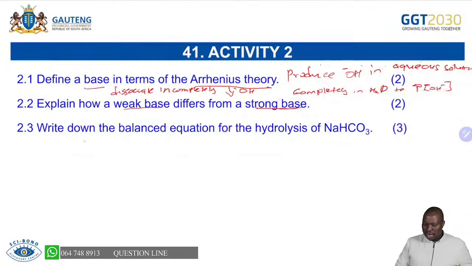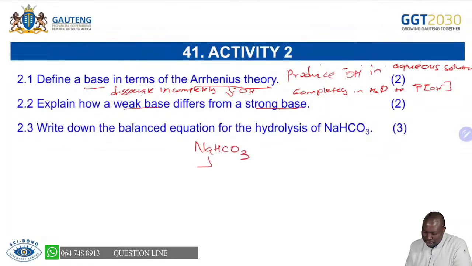And then we are saying write down the balanced equation for the hydrolysis of sodium hydrogen carbonate, NaHCO3. Remember the steps for hydrolysis, with 3 marks. So please collect these marks as much as possible. Remember the steps. You put it in water, you split the salt.